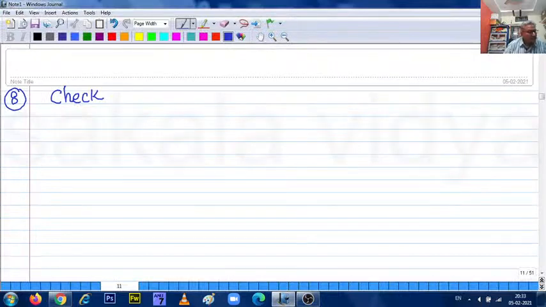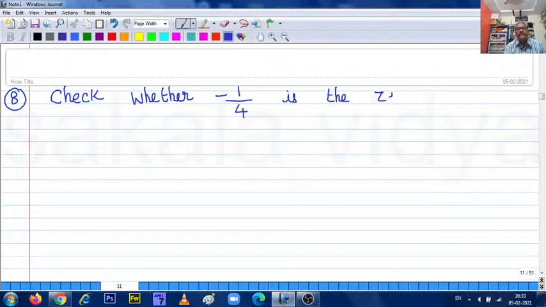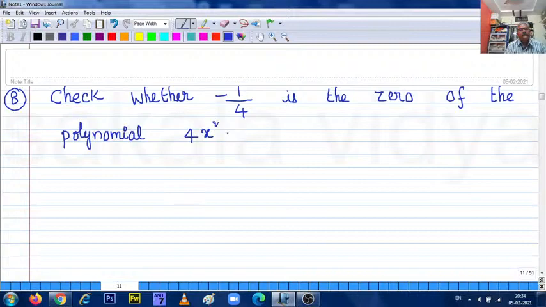Leave it. Check whether negative 1 by 4 is the zero of the polynomial 4x square plus 5x plus 1.